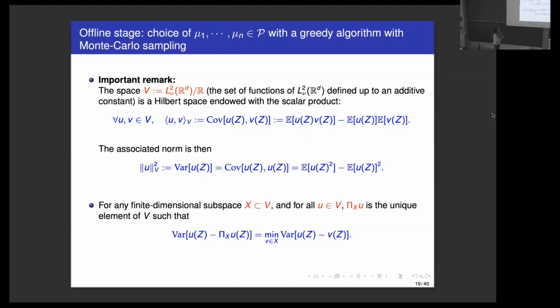The norm of V will be given by the square root of the variance. And for any finite dimensional subspace X of V and any element U in V, the projection of U onto X will be the orthogonal projection of U in the space V associated to this scalar product and norm. Okay, and it is given by this formula here.